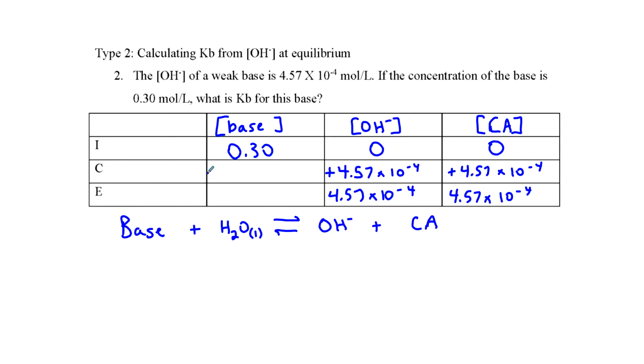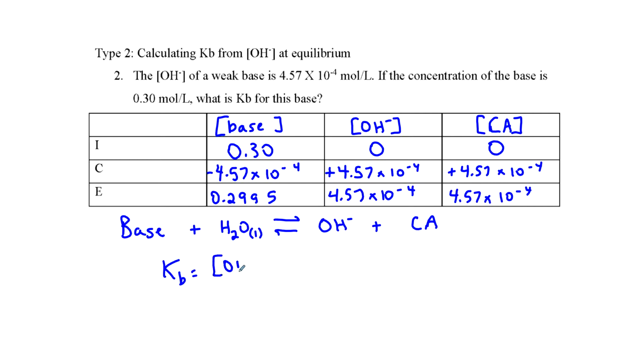And we're going to subtract that amount because the concentration of the base is going to decrease while the concentration of the ions are going to increase. Okay, and when you subtract this value from this one, you get 0.2995.